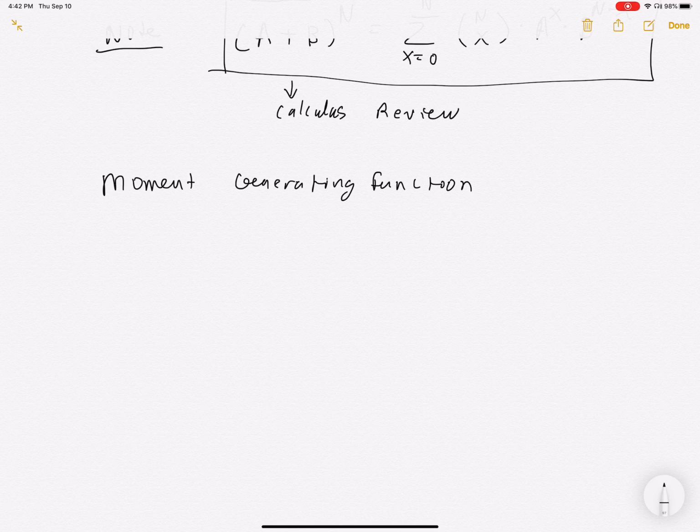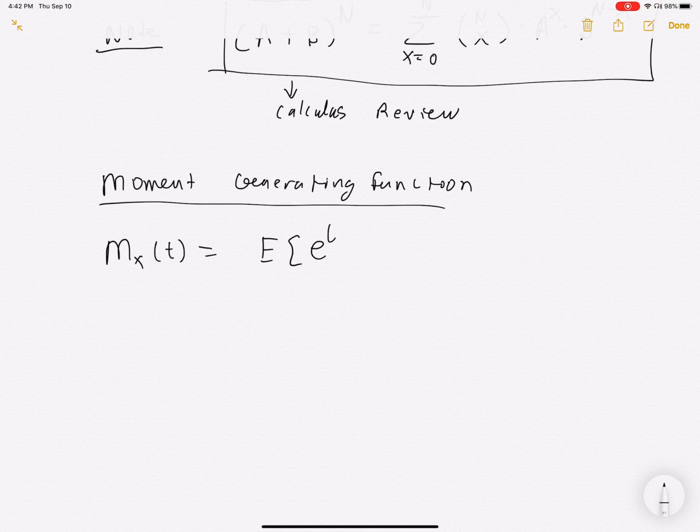The moment generating function of a binomial is going to be this expected value of e to the t X, which is calculated according to the summation from x equals 0 to n of e to the t times x times p of x.